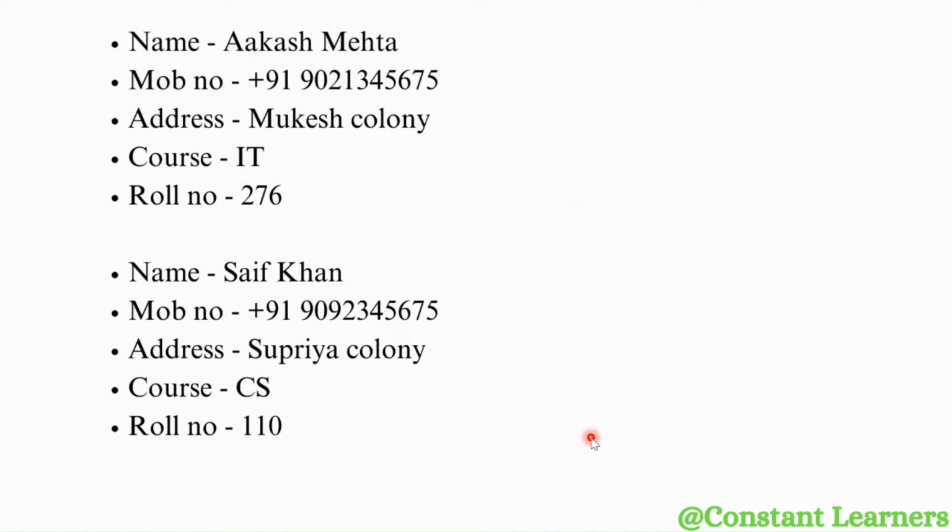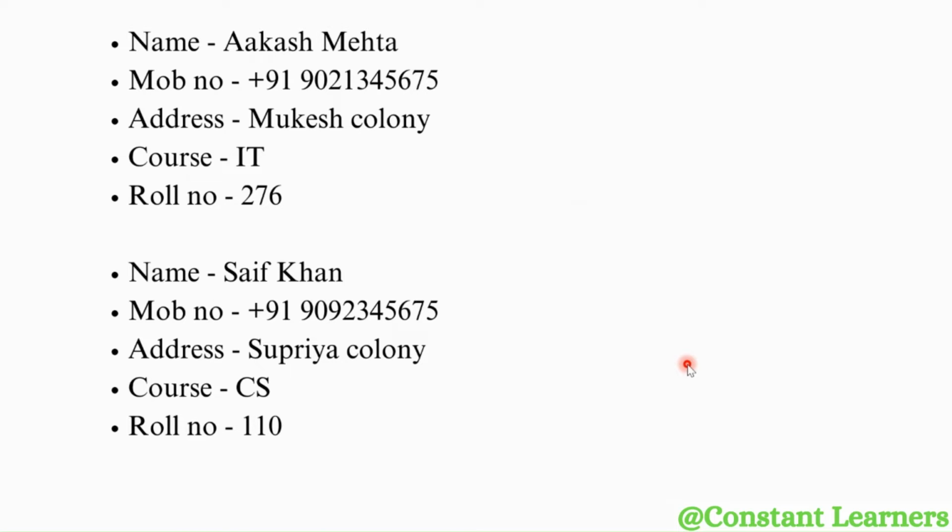It will get very messy. And a lot of information is going to be quite repetitive. Like, for example, the course is IT. So, again and again, writing course IT, or course CS, the data will get quite repetitive and uselessly it's going to occupy a lot of space, like this name, mobile number, address, course, roll number. It's getting repeated for each student, right?